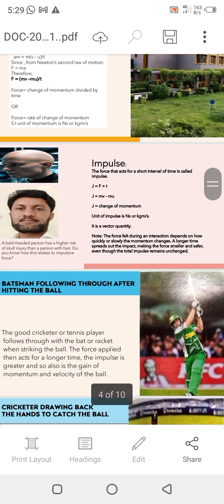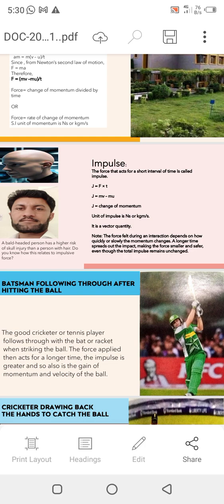From here we can say that on the left side it shows the applied force, the net unbalanced force that acts on the body, and on the right side of this equation, the numerator represents the change in momentum and the denominator shows the time taken for that change.